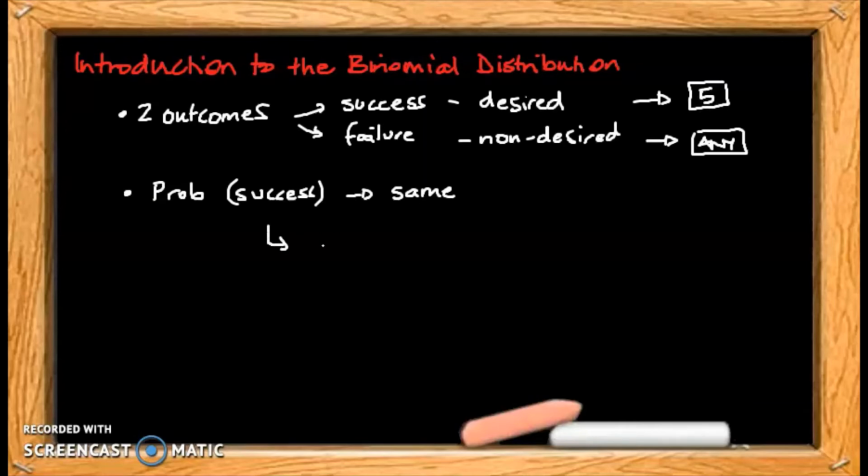That also implies that the probability of failure or of the non-desired outcome, which equals 1 minus the probability of success, will also not change. If those conditions are in place, then we can use the binomial distribution.